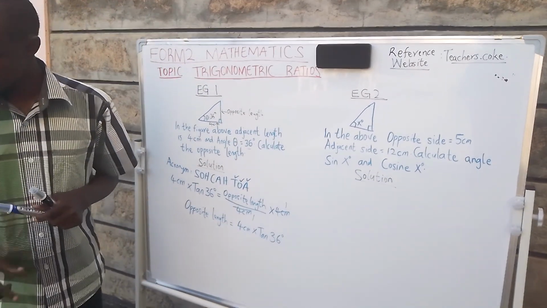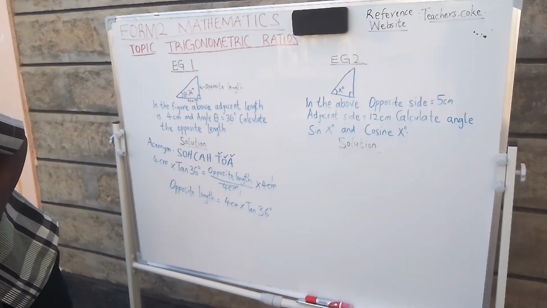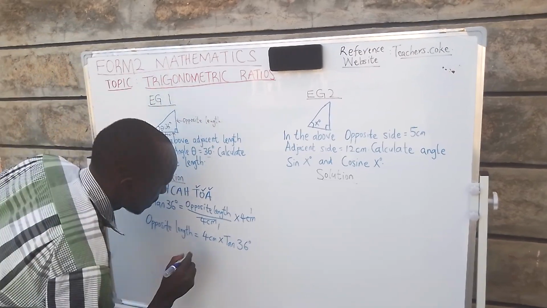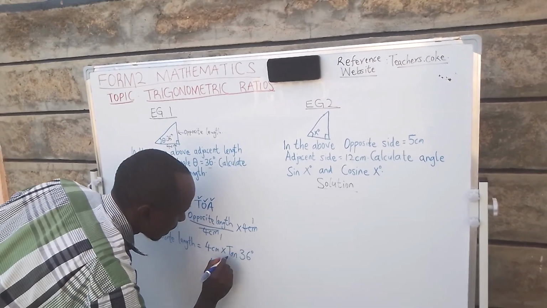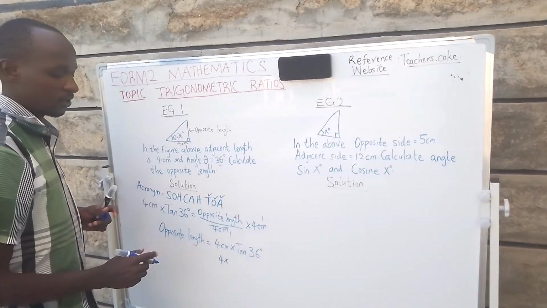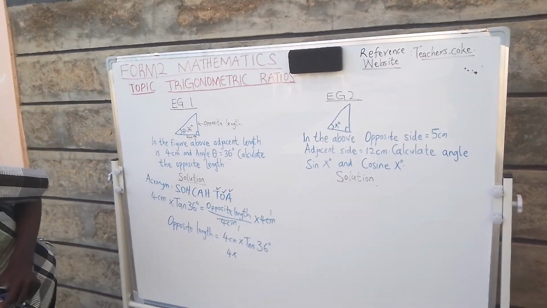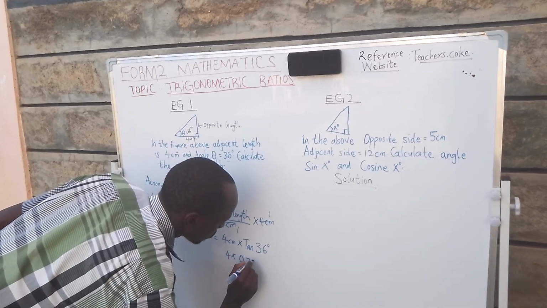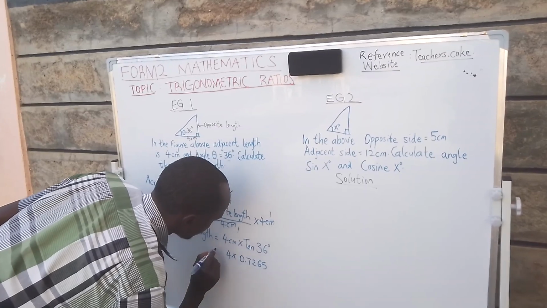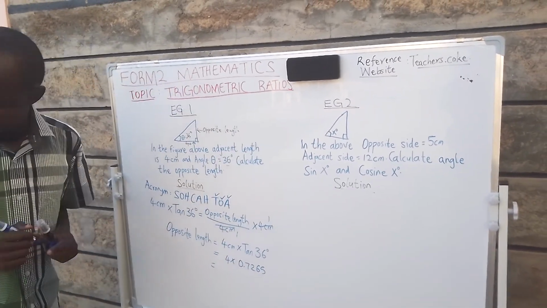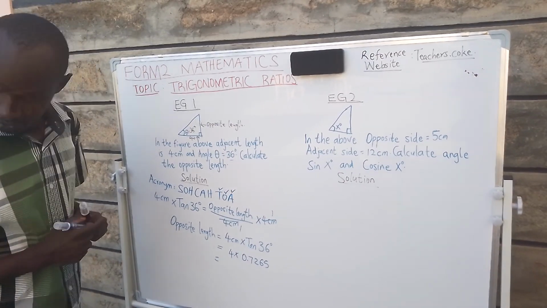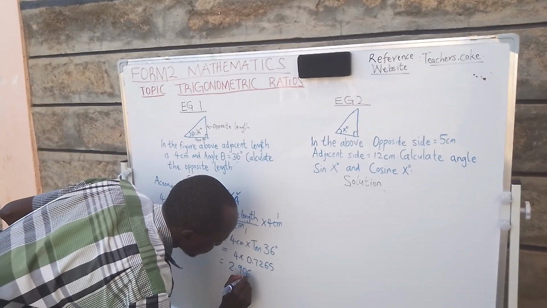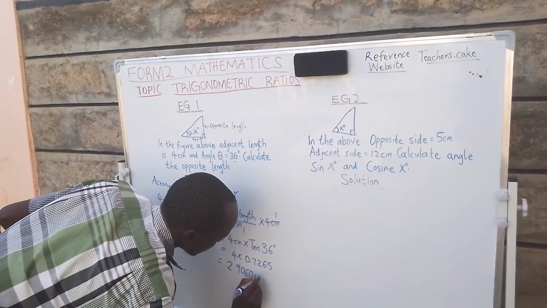which when you calculate in your calculator, the tan of 36 degrees gives you 0.7265. You can use the tables or the calculator. So it becomes 4 times 0.7265, and when you multiply in your calculator, it's going to give you 2.9060 centimeters.